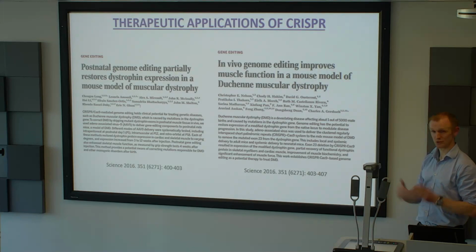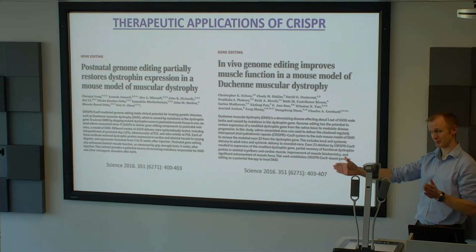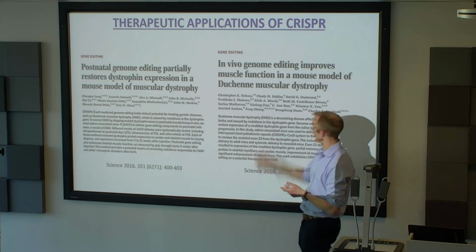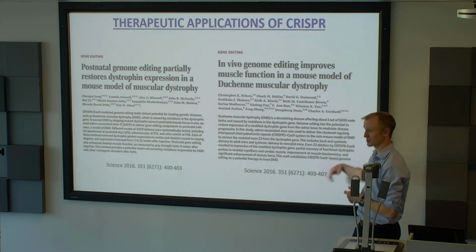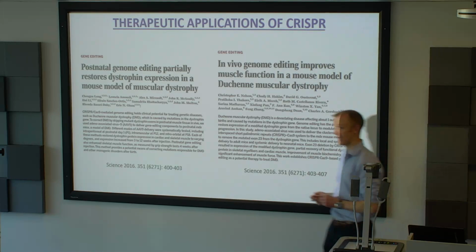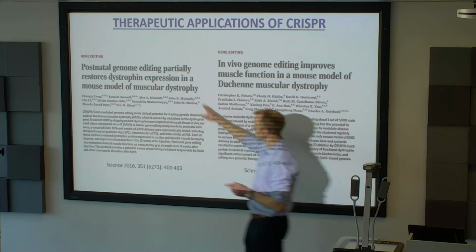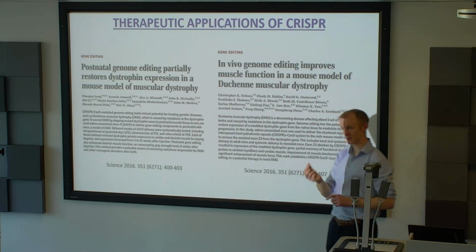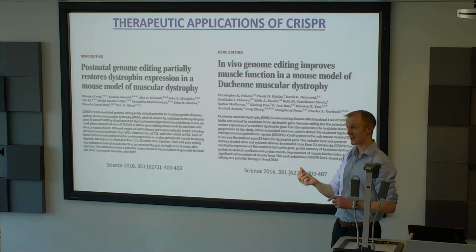But essentially, patients with muscular dystrophy inherit a mutation in the dystrophin gene so that they don't produce a dystrophin protein. So scientists, Eric Olson and Charles Gersbach, 2 independent scientists, published these papers back to back, whereby in mice who have the mutant dystrophin gene, they could use CRISPR technology to essentially remove that mutation in these mice.